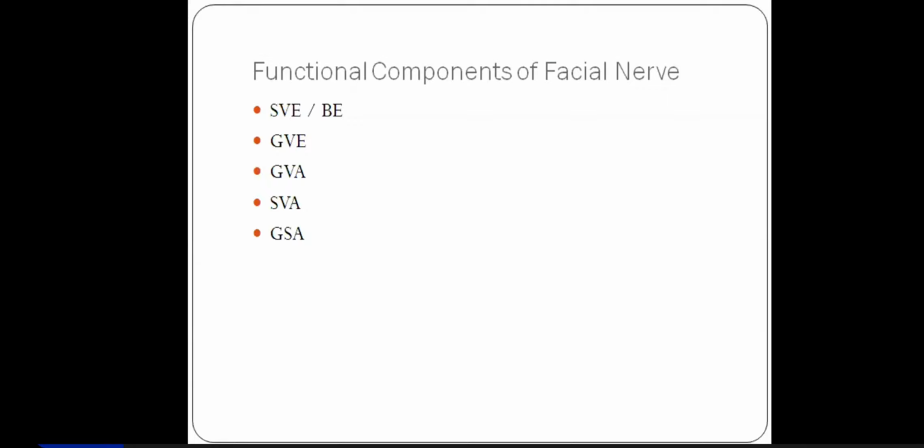So here also, general somatic afferent is not only bringing exteroceptive sensations, but also proprioceptive sensations from the muscles innervated by facial nerve, right? And all these proprioceptive sensations will reach the mesencephalic nucleus of trigeminal nerve.